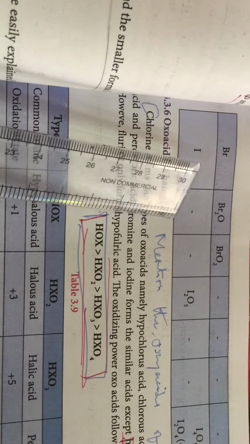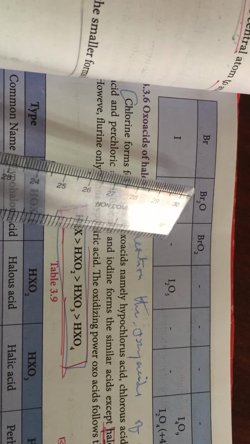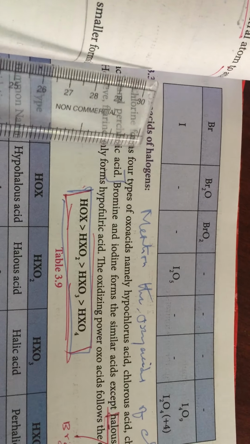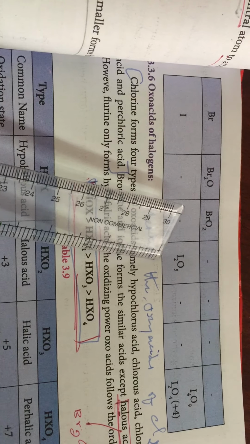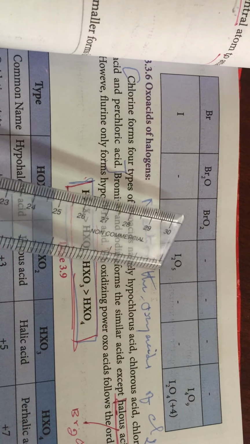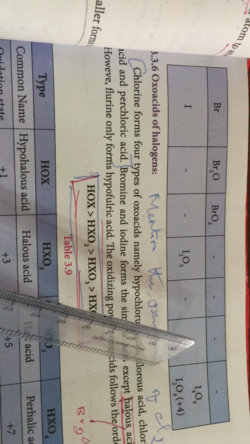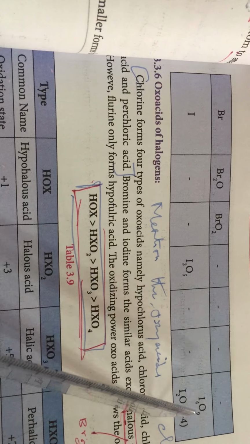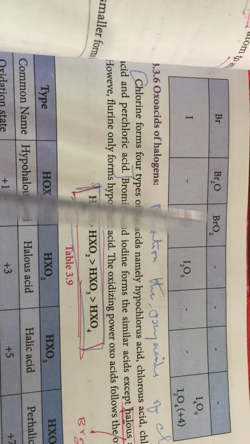And bromine and iodine also show different oxidation states. In +1 bromine forms Br2O, and in +4 it forms BrO2. And iodine in +5 forms I2O5, and it also forms I2O4. So these are the oxides of the halogens.